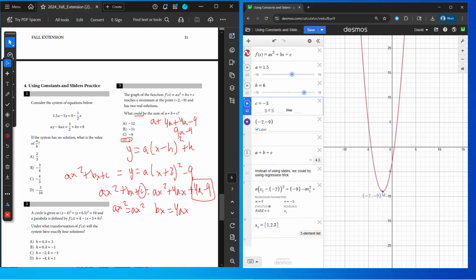Okay, that does hit it, and we can see that a plus b plus c is 4.5 in this case. And if we adjust the a value, oops, not the a value, I think the a, perfect.